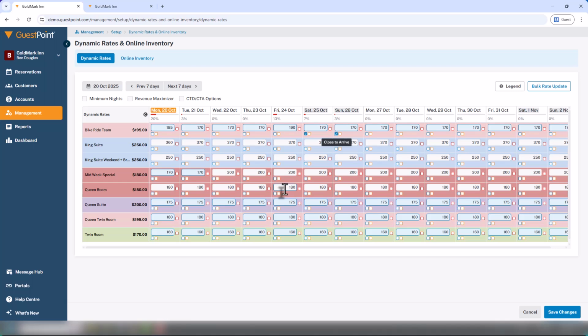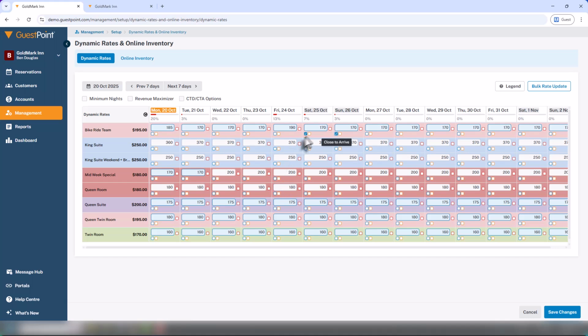We can do this by putting a close to departure on the 25th of October. What this means is that all of the guests staying for the event will be pushed to check out on that following day. Because the event is for 3 days anyway, it means that they will stay the last night of the event, rather than checking out and going home after the event.